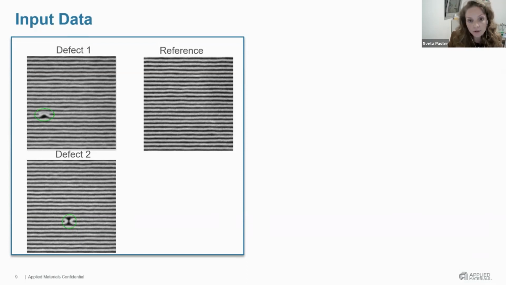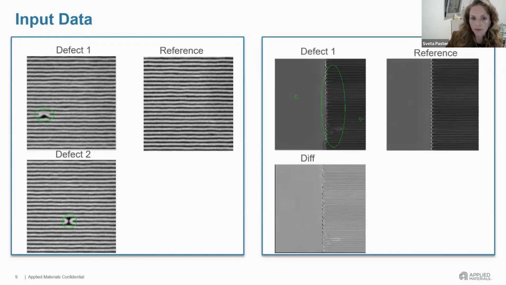Okay, another data set. We have a different pattern, and you can see here a big defect, I can say between medium and big.